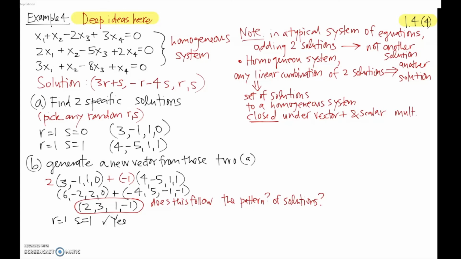And that implies it's always a vector space. So the solution set to a homogeneous system is always a vector space. And that's something that we're going to want to remember.